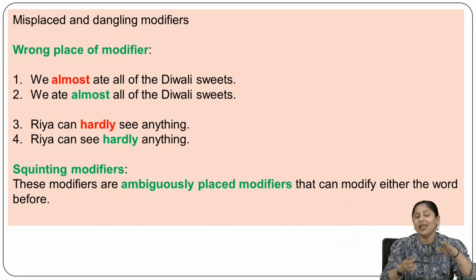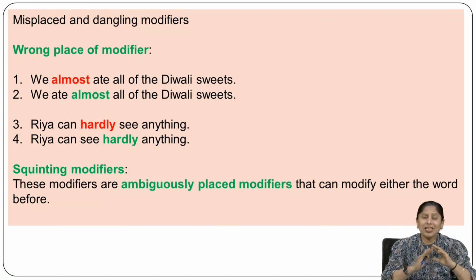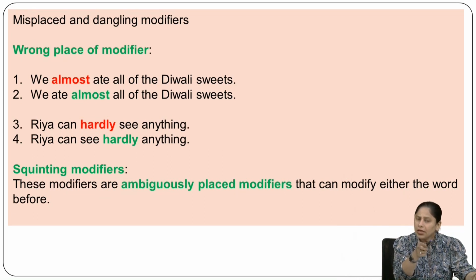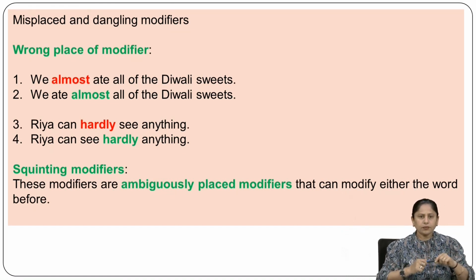And when it comes to understanding the verbs, naturally the modifier tries to elaborate the verb well. The modifier tries to make the verb more clear, more easy, and here it says that Riya can see hardly anything. So the adverb comes at the end of the verb, at the end of the sentence, and that's why it is in the right position over here.